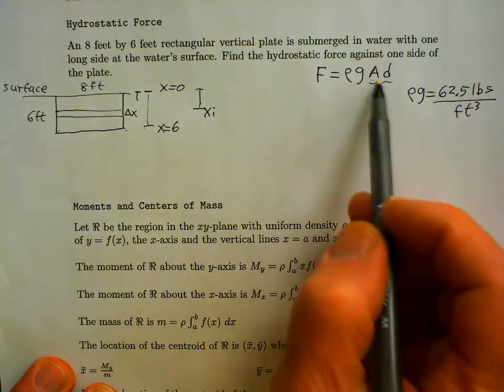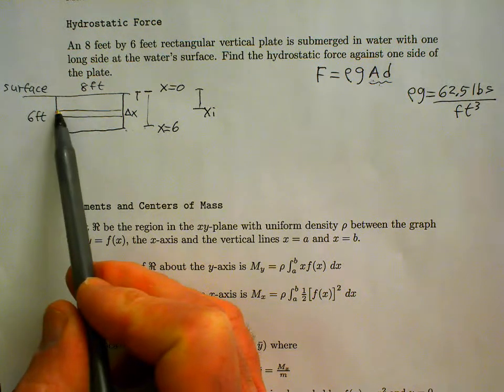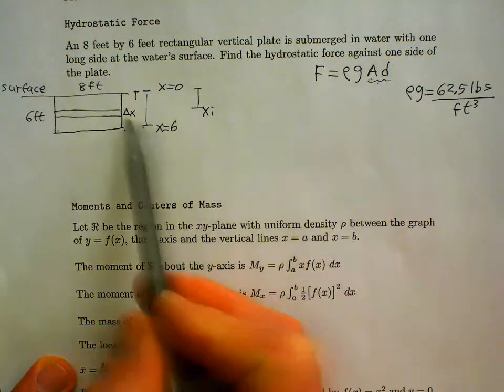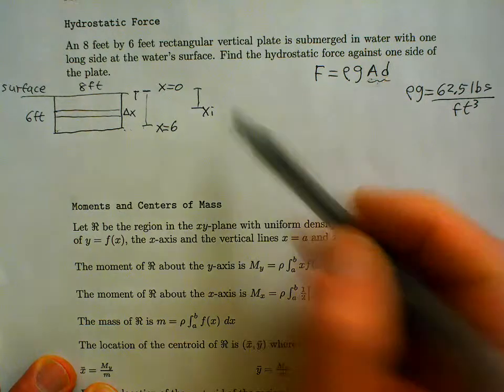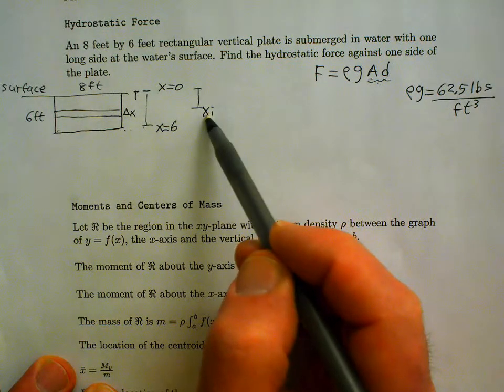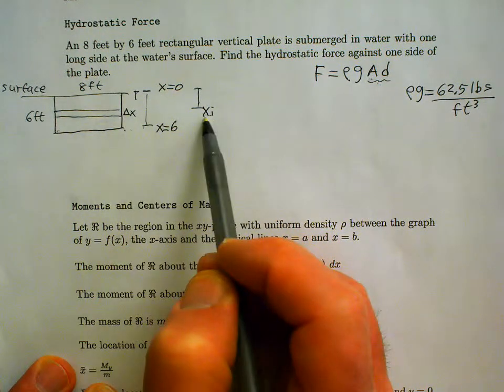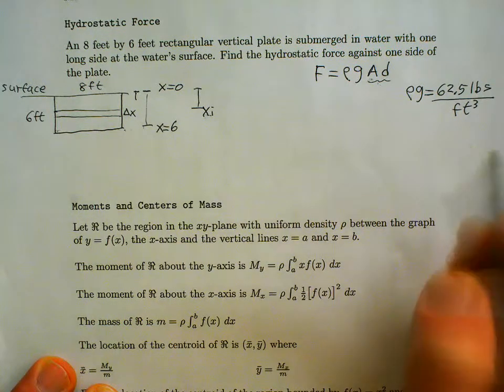Okay, the area is the area of this rectangle. The long side of the rectangle is 8 feet. The short side is delta x. And the depth, if we take an arbitrary point on that subinterval and call it x sub i, then x sub i is the depth.